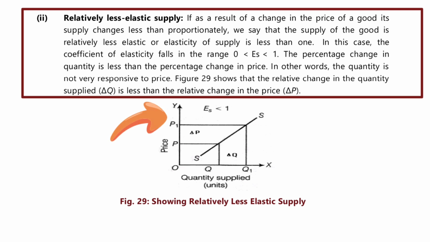That is why the coefficient falls below 1. So the percentage change in quantity is less than the percentage change in price. That is what is said to be relatively less elasticity. There is an elasticity, but it is relatively less. Delta P is more than delta Q.